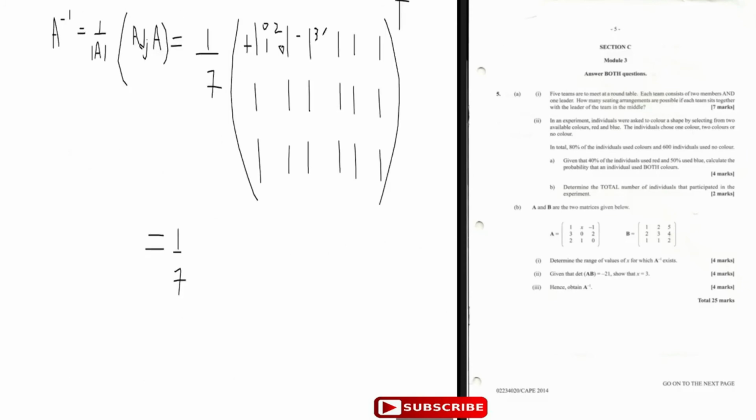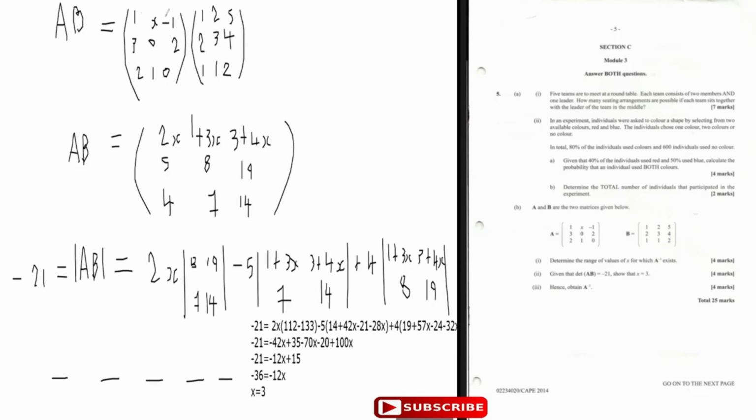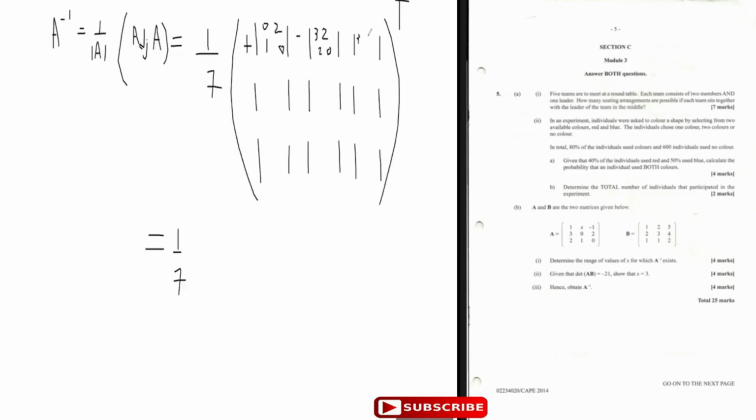Then go around here again. Cross out this, cross out this. So it's going to be 3, 0, 2, 1. Then crossing out the 3, it's going to be x, but x is 3. So it's going to be x minus 1, 3 minus 1, 1, 0.